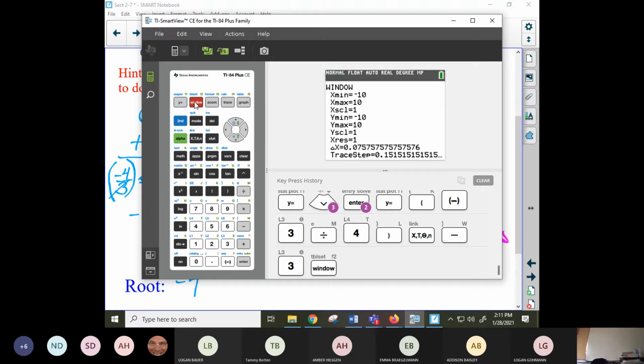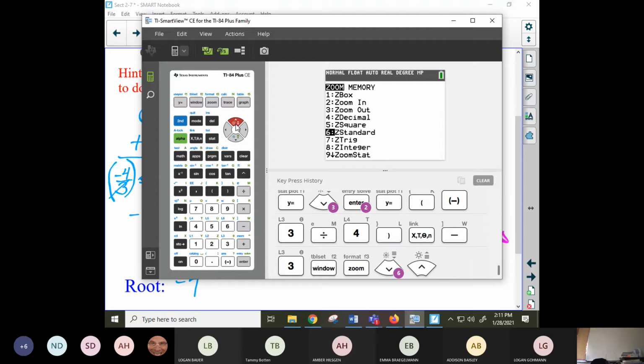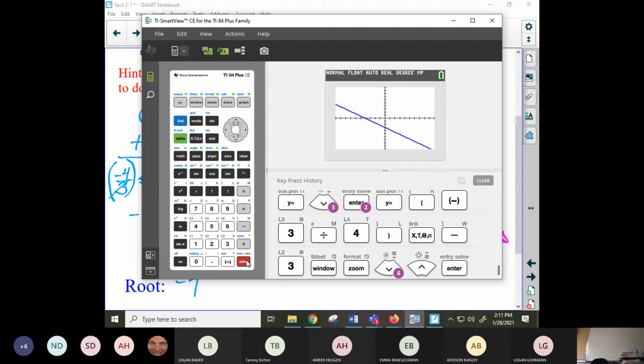Your most normal y starts down here at -10, goes up to +10, and we count by 1. If yours has ever changed and you need to fix that, a super fast way is to use your zoom key, the top row, middle one, and hit number 6. It says ZStandard. That will give you those dimensions on your window. So go down to number 6, or just hit 6 and hit enter, and that will put that in for you.